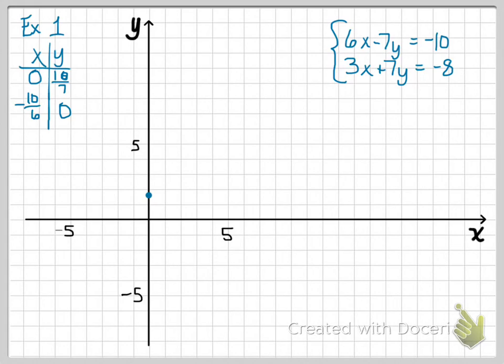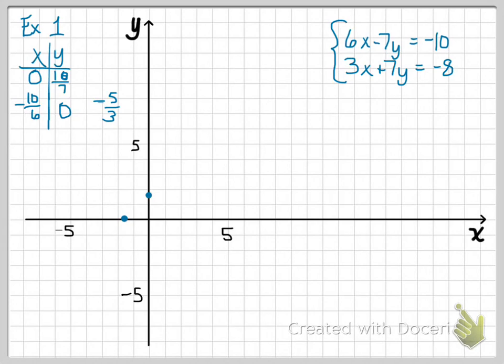Okay, and now the x-intercept right here is negative 10/6. Negative 10/6 is negative 5/3, right? So that's negative 1 and 2/3, almost negative 2. On our graph, we're going to get that in there about right there.